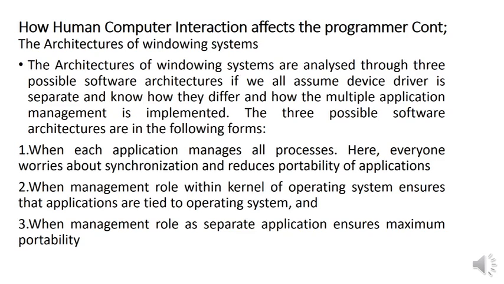One, when each application manages all processes, everyone worries about synchronization and this reduces portability of applications. Two, when management rules within the kernel of the operating system, this ensures that applications are tied to the operating system. And three, when the management rule is a separate application, this ensures maximum portability.